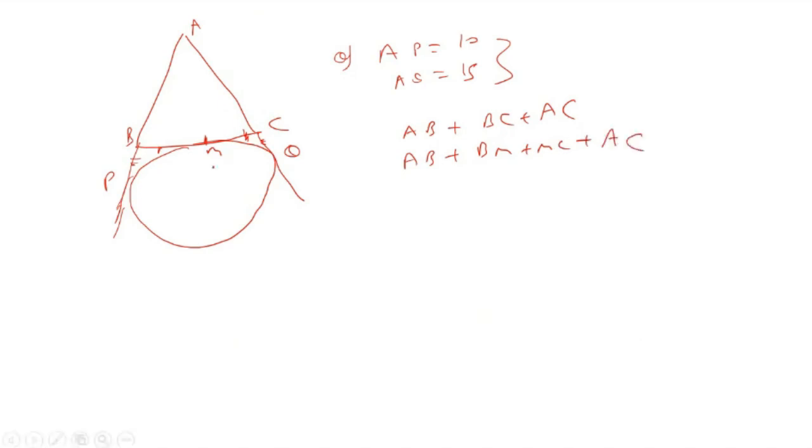Now we know that BM is nothing but BP, MC is nothing but CQ, plus AC. AB plus BP is nothing but AP, CQ plus AC is nothing but AQ. So the perimeter of the triangle is 10 plus 15, 25. That's it.